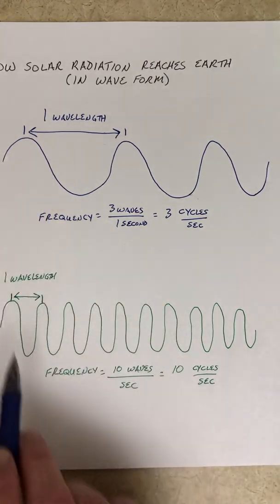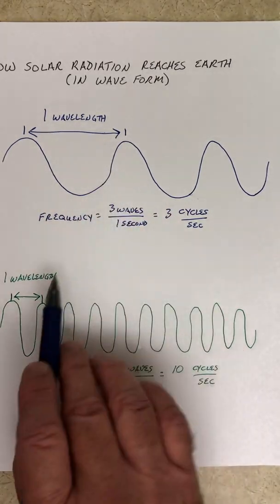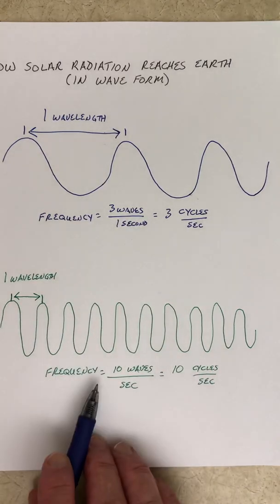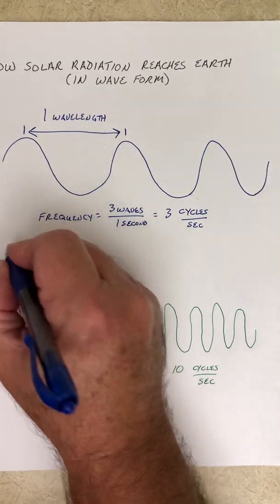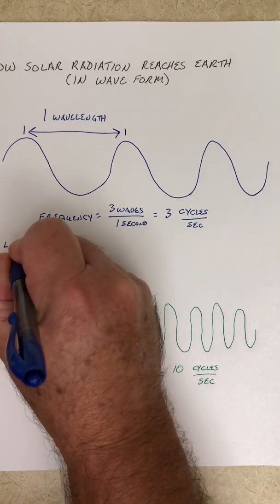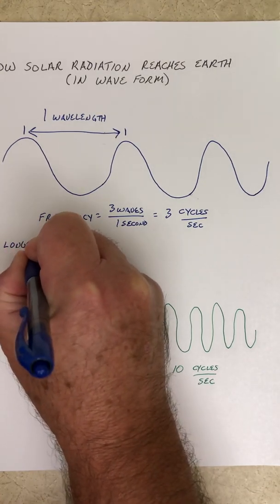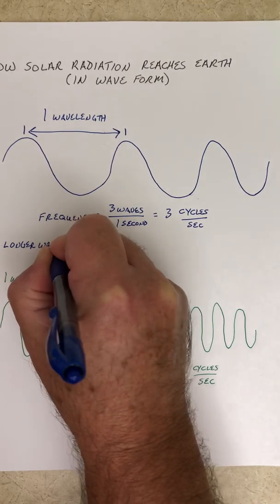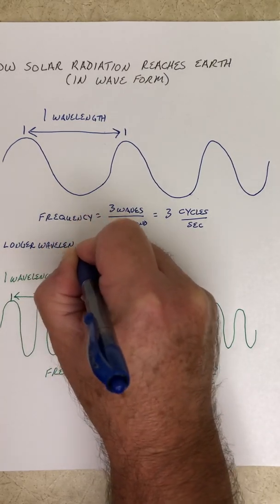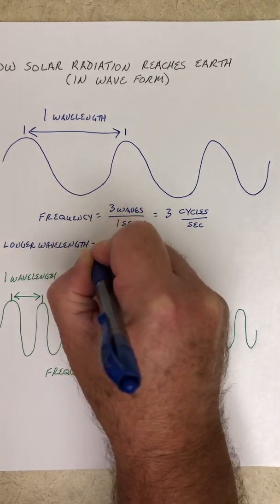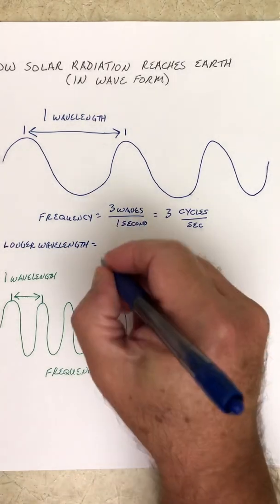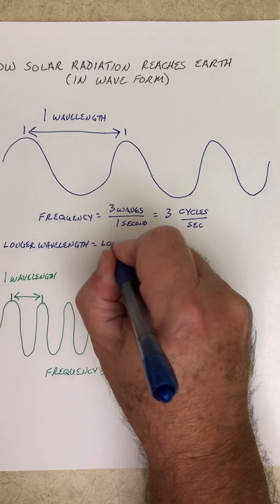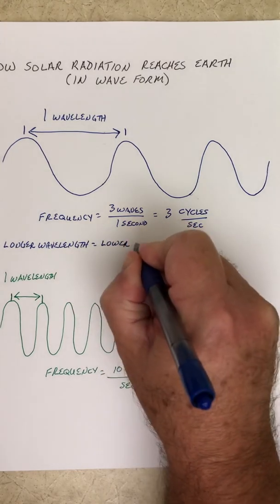You'll notice that the blue radiation has a longer wavelength, and the green radiation has a shorter wavelength. Radiation that has a longer wavelength also has a lower frequency. So the longer the wavelength, the lower the frequency.